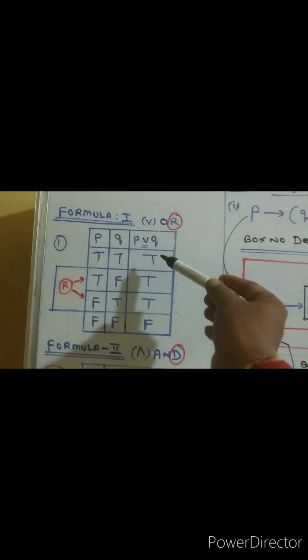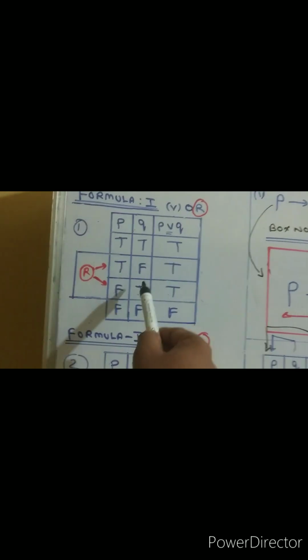We have the R formula written here, that is formula number 1. T, T, T, F. The T, F equals T because R. The T is the nearest alphabetic letter to R. In the same way we have to fill up here.